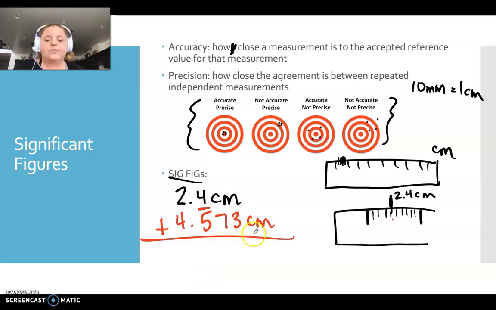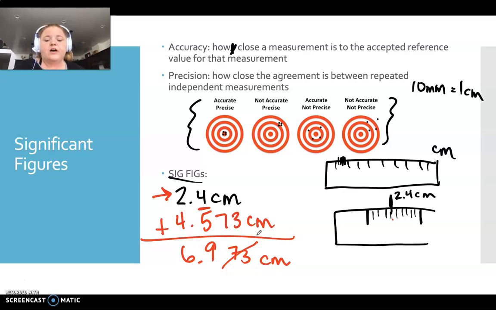When you're adding it, you get 6.996 centimeters, right? But the problem here is for this first value I only have 2 significant figures. So these last numbers don't really matter to us, so we can just toss them.